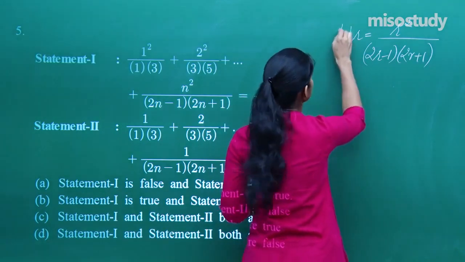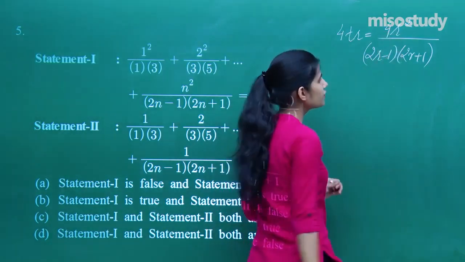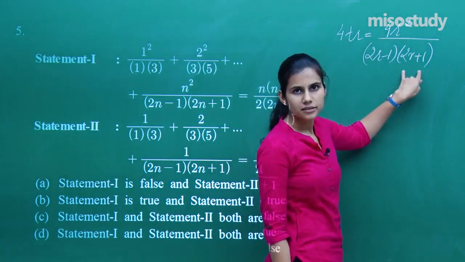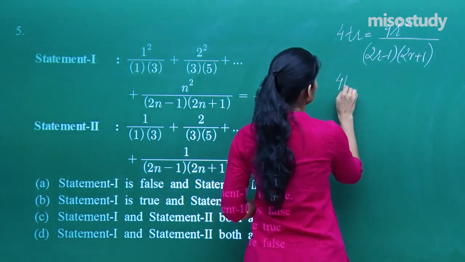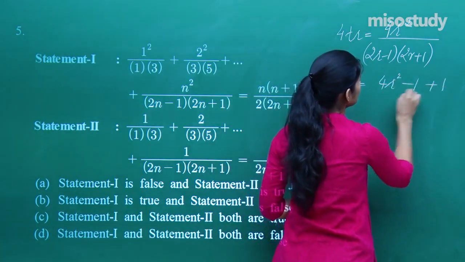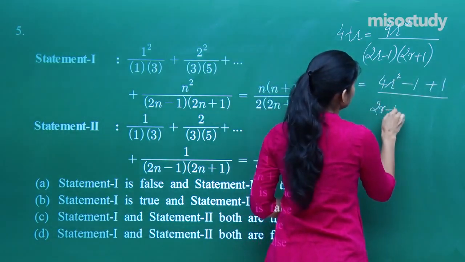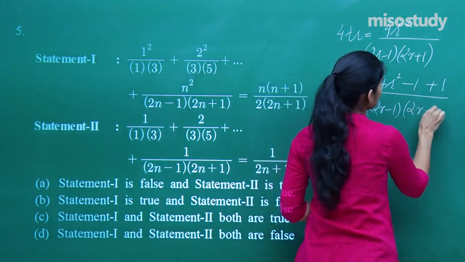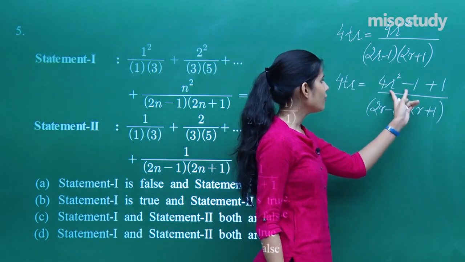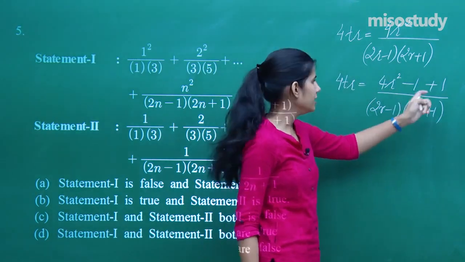So what we do is, we first of all multiply by 4. Why am I doing that? Because when you multiply this, you get 4 times Tr equals 4r square upon (2r minus 1)(2r plus 1). So I have created this particular product above also, that is 4r square minus 1 plus 1. Why?